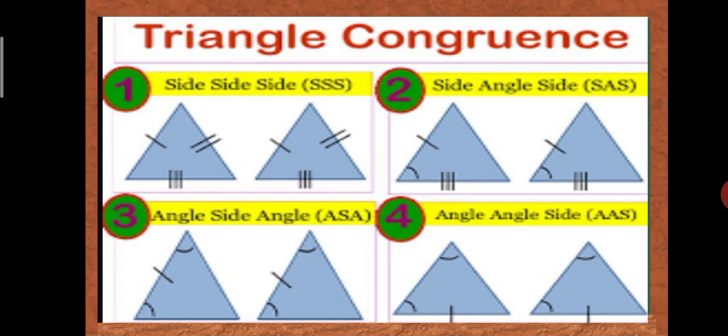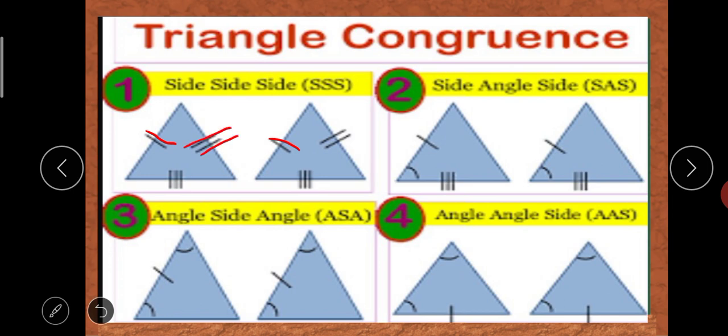Here we show it with lines. This side is congruent to this side; two lines show that the second side is congruent to this one; and three lines show that the third is congruent to this side. So these three sides are congruent. Sides mean they are equal in length.